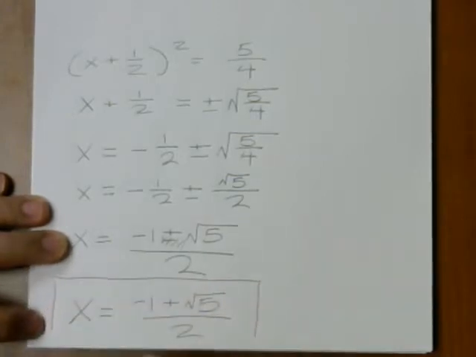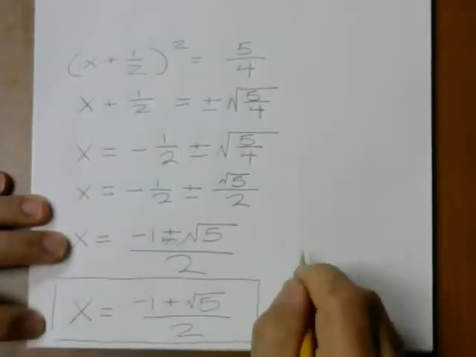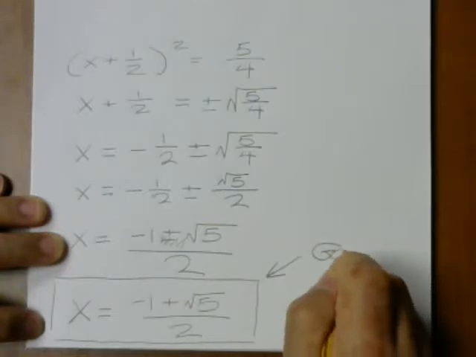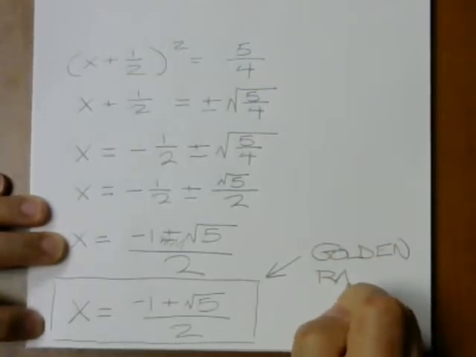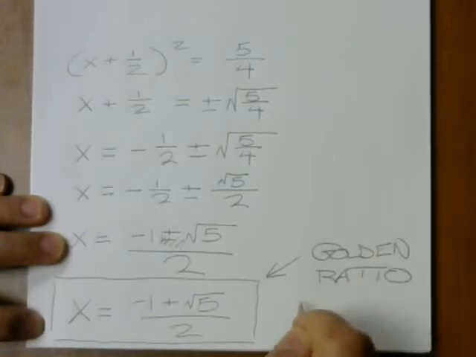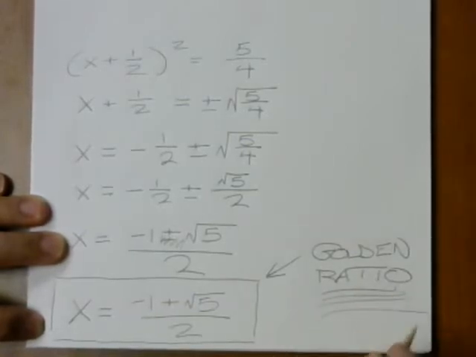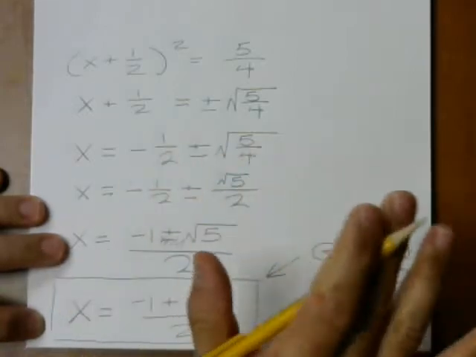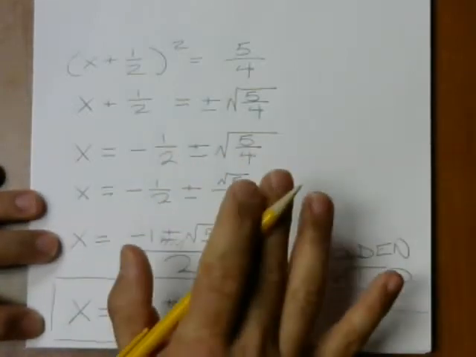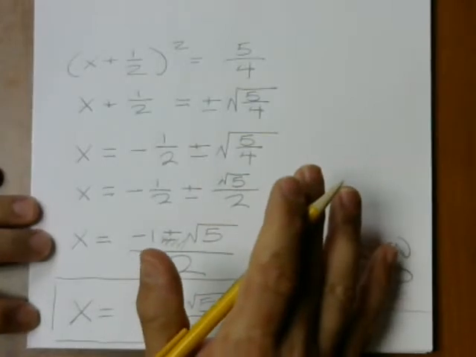This is a very, very famous number. It's called the golden ratio. It has many important properties, including being the limit of the ratios of the Fibonacci sequence, which is a sequence that appears in lots and lots of popular movies.